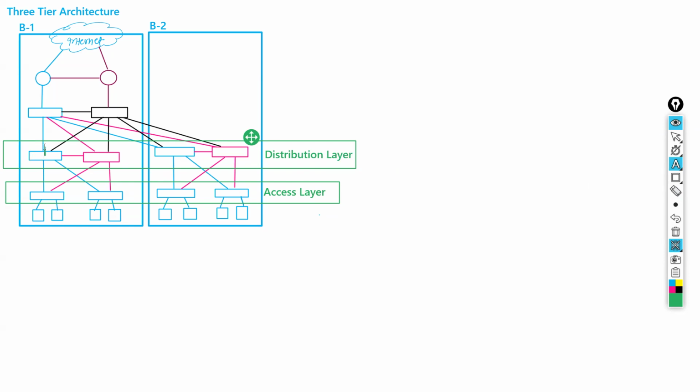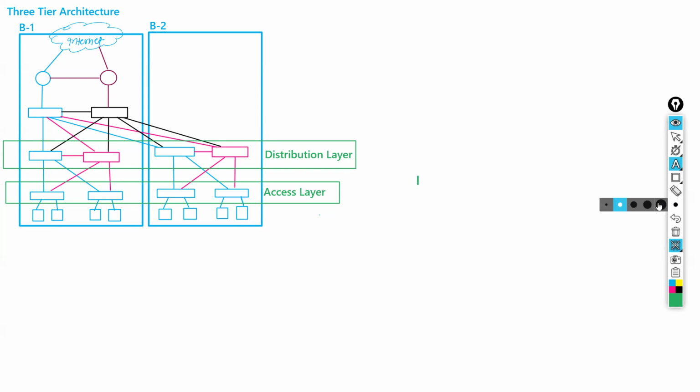And I can perform VLAN configurations here. I can segment my network because one department will be in one VLAN. So here I can configure VLANs, and any sort of inter-VLAN routing, if I have to do it, I can configure here. Clear?